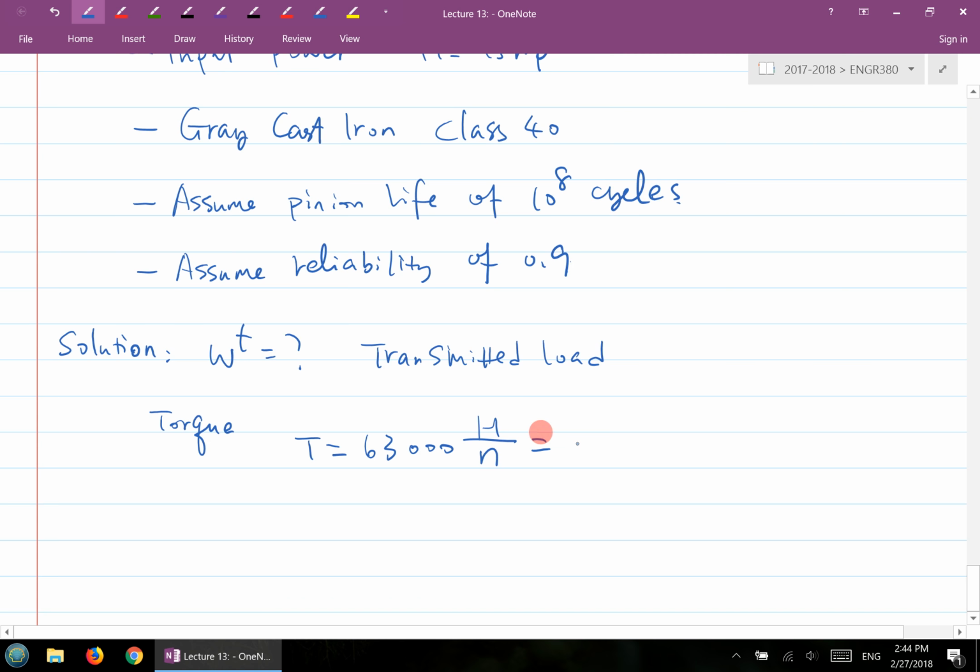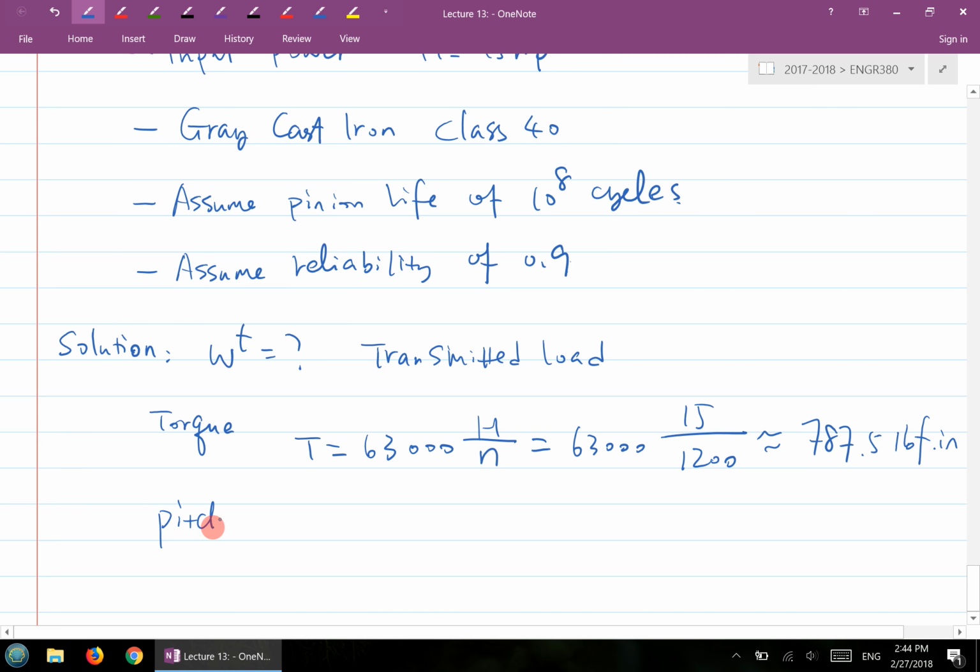So the units are all good. You have 15 horsepower and 1200 RPM, so that gives us a torque of 787.5. The unit is pound-force inch. That has to be very clear. It's nothing else but pound-force inch.